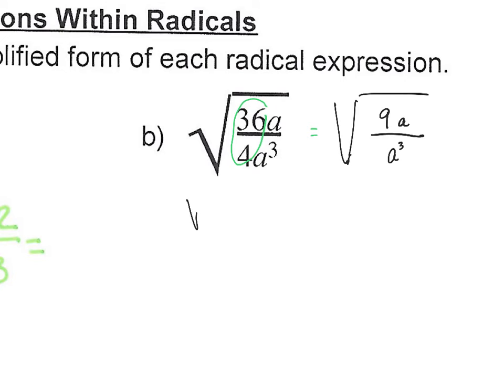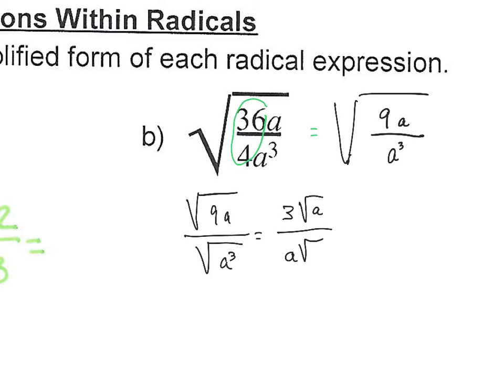And then I have, that can be the square root of 9a over the square root of a to the third. And then we know that the square root of 9a should be, I'm hoping, 3 square root of a, over the square root of a to the third should be a times the square root of a.